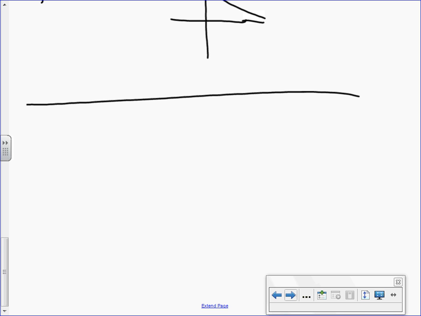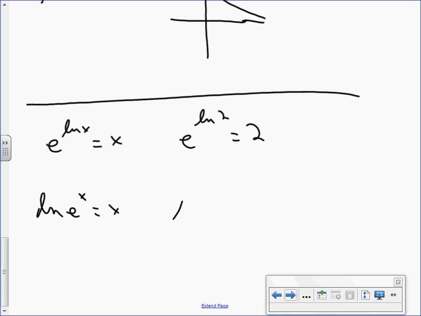All right, now some solving. Just a couple of equations, a couple of pieces of information. This is not really solving. If you say e to the ln of x, that answer is x. So if I say e to the ln of 2, that answer is 2. If I say the ln of e to the x, that answer is also x. If I say the ln of e cubed, that answer is 3.